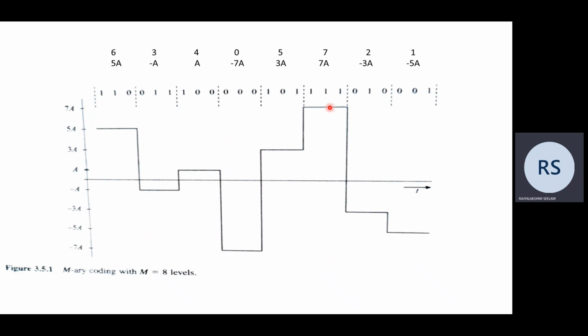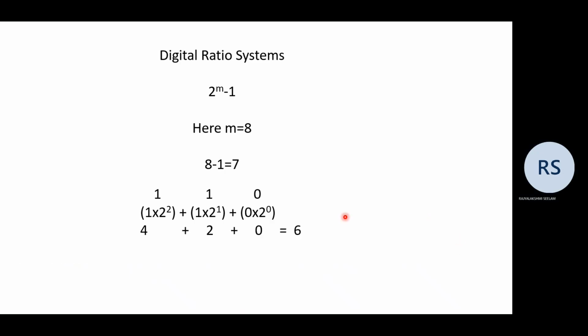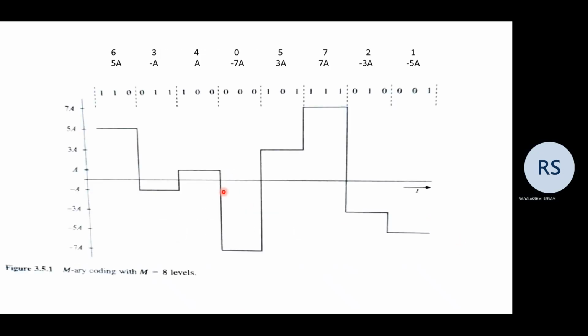So for M even, let us see. For M even, we have to take the condition plus or minus A, plus or minus 3A, plus or minus 5A, up to plus or minus (M minus 1) times A. So we have to consider this for M even.